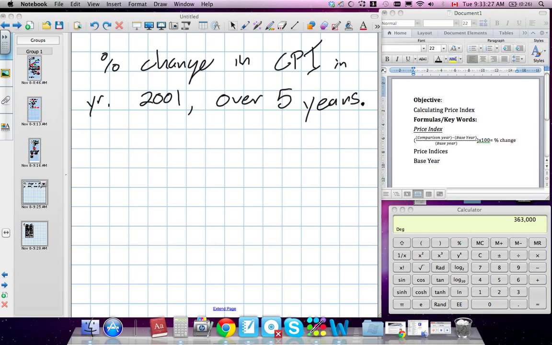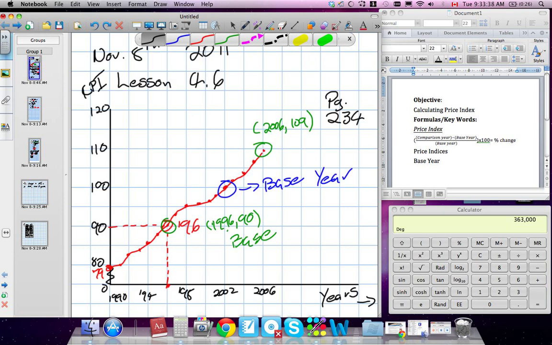Okay, percentage change in CPI from 2001 over the course of 5 years. So when I go to look at this, I got to find my CPI in year 2001. Looks like it's 97. Sure, we're going to use the number 97, okay?